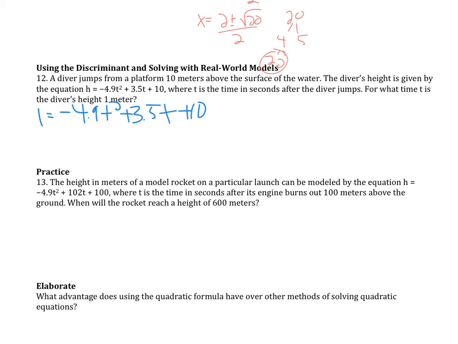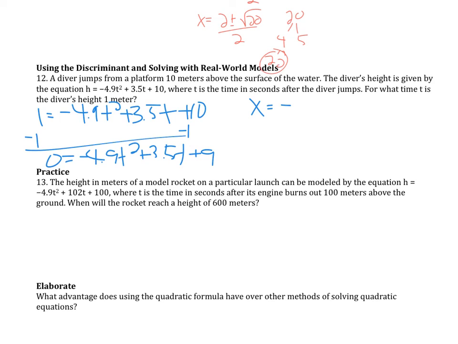So we want to solve, so we need to subtract that 1 over, and we get it set equal to 0, and we get negative 4.9t squared plus 3.5t plus 9. Now here's one of the reasons quadratic formula is nice, is we have decimals, but quadratic formula does not care.